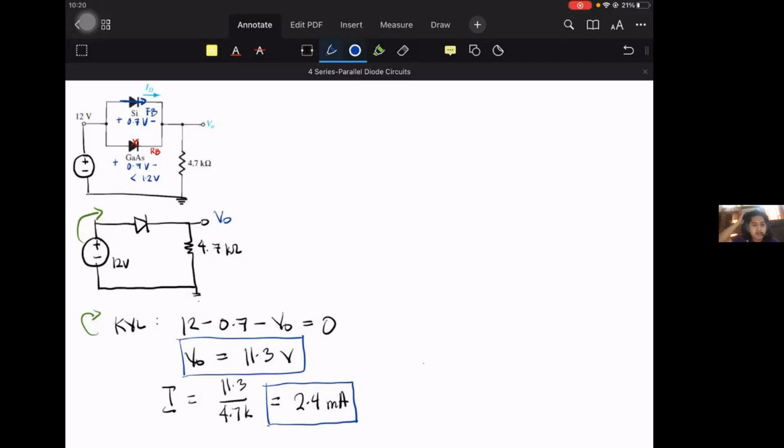Sir, is it okay to solve for the current I first, before the output voltage VO? That's okay, no problem. The answer is the same anyway. Your KVL would be 12 minus 0.7 minus IR. You can do it in that style, it's fine.